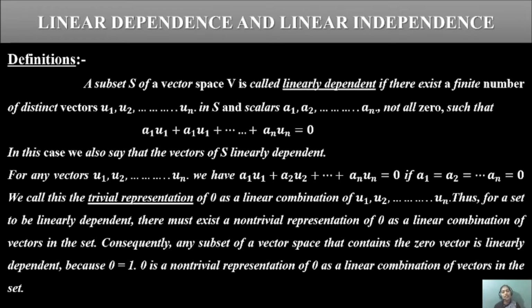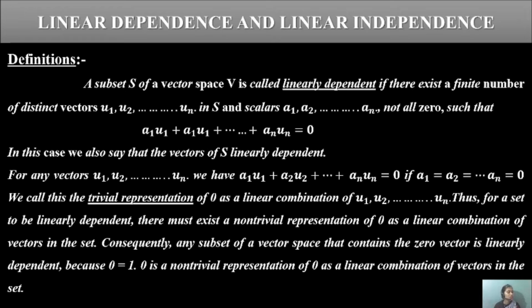For a set to be linearly independent, there must not exist a non-trivial representation of 0. Means a1, a2, an do not all become 0, or u1, u2, un do not become 0. If this value is 0, both sides of the equation are 0 because they are multiplied by each other.